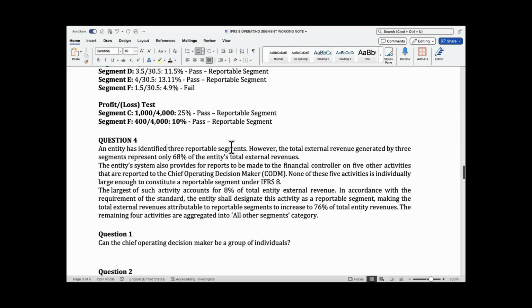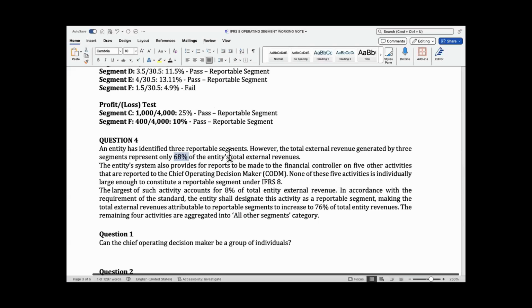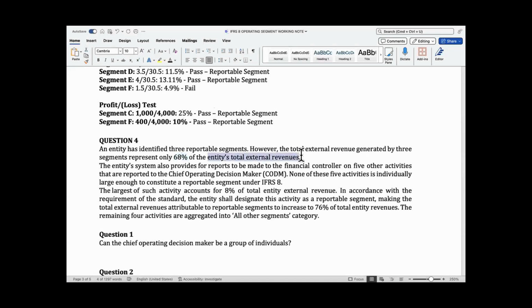So they have 3 reportable segments, and by the time they looked at the revenue of those 3 segments, they saw that it's only 68% of the total revenue of the company. That means that they need to look for one additional segment.